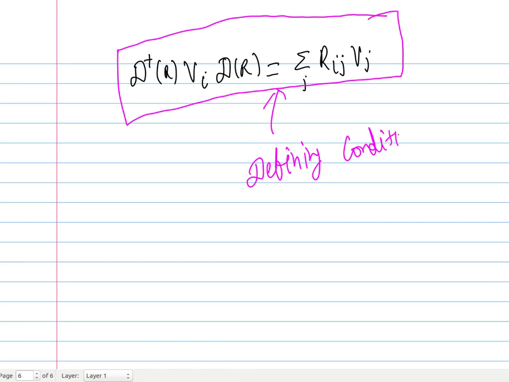Okay. So let us talk about an infinitesimal rotation element D(R) given as 1 minus i epsilon J dot n cap by h bar, where J is the angular momentum operator.